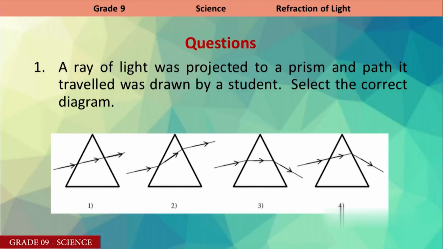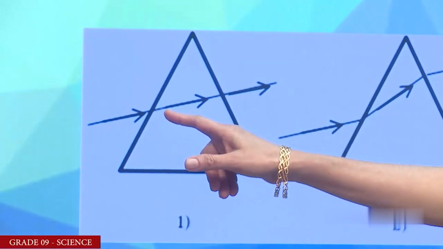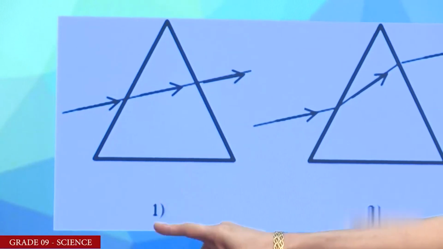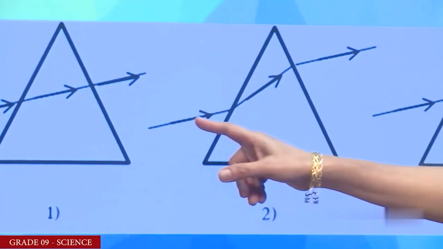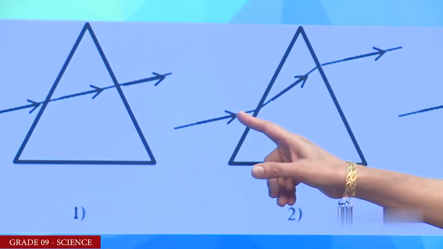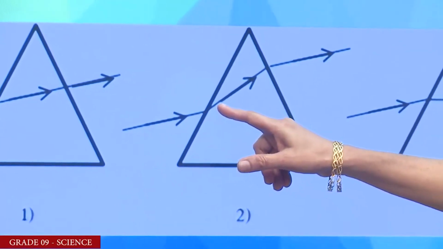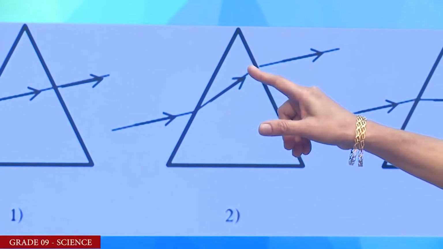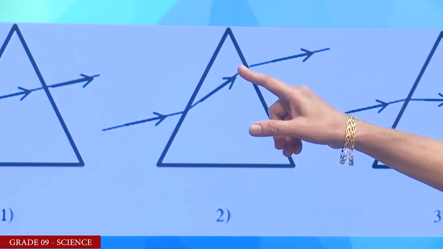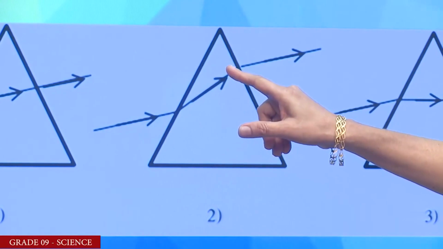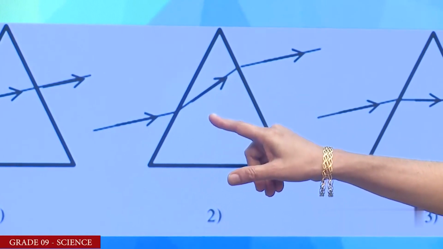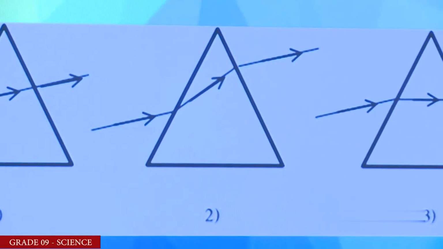No. Now, you know the light ray is bending here. So, answer 1 is wrong. Here, this is the incident ray. If you draw the normal like this, you can see the refracted ray is bending away from the normal. So, can it happen? No, it bent towards the normal. So, this is also wrong.